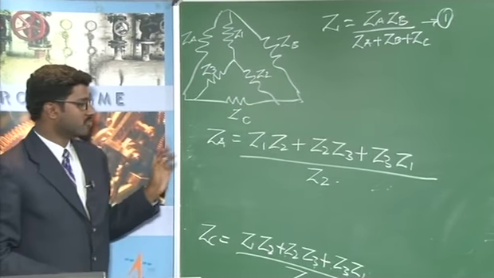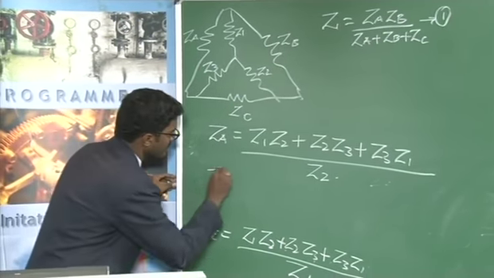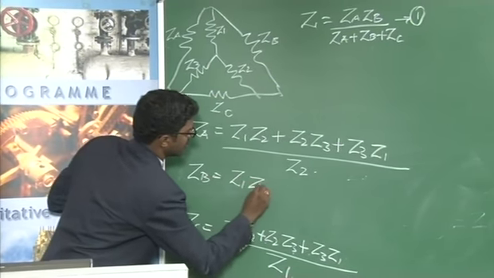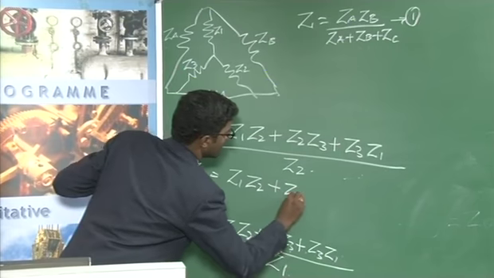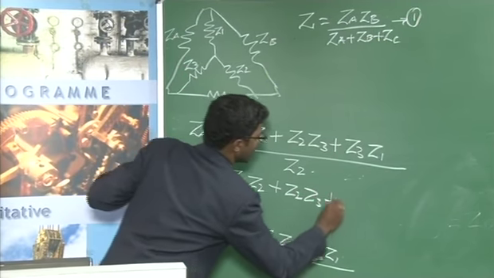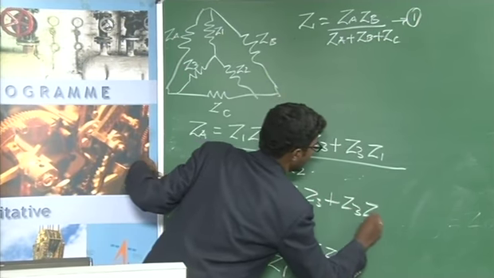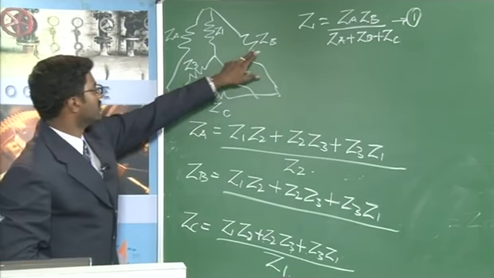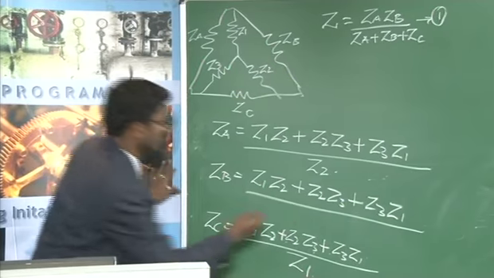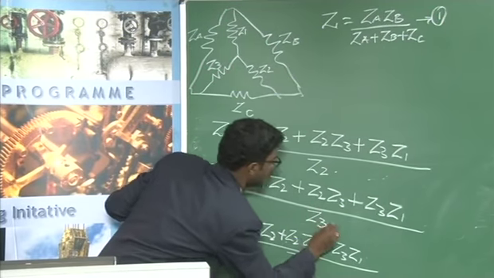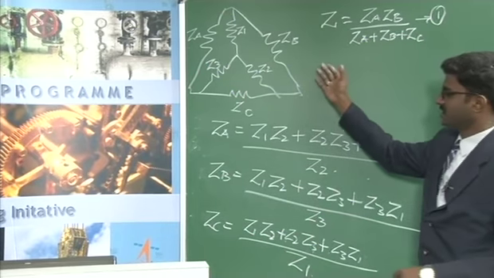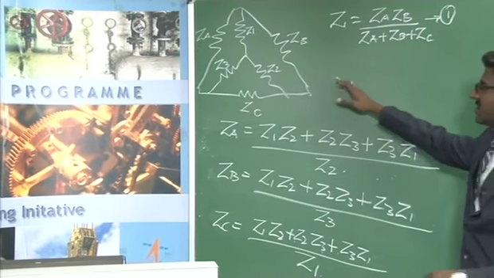Similarly, ZB is equal to the same numerator, Z1 Z2 plus Z2 Z3 plus Z3 Z1, the whole divided by the opposite impedance, which for ZB is Z3. This is how we convert our delta network into a star network, or star network into a delta network.